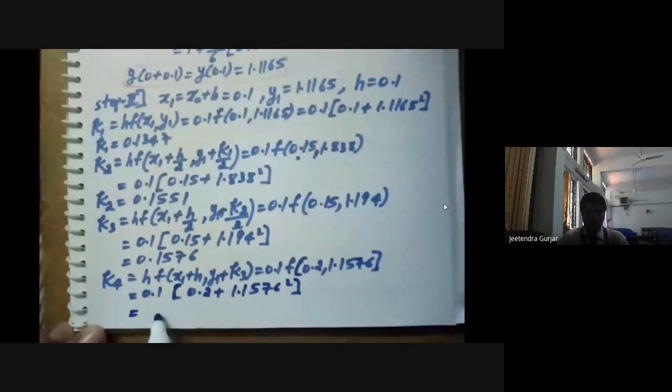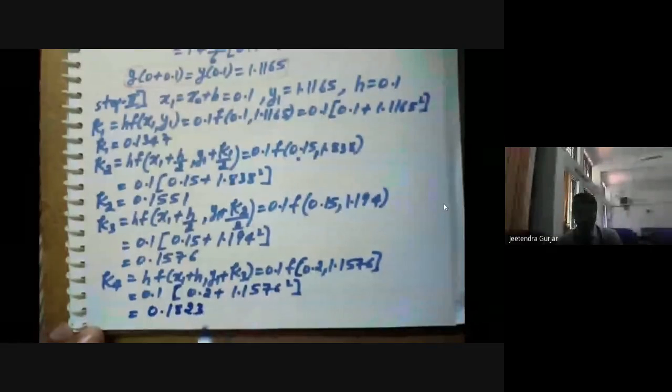Yes, please. So we'll continue this K4. K4 is equal to 0.1 in the bracket 0.2 plus 1.1576 square. So when you calculate this, students, we get K4 is equal to 0.1823. So all the values you got: K1, K2, K3, K4.